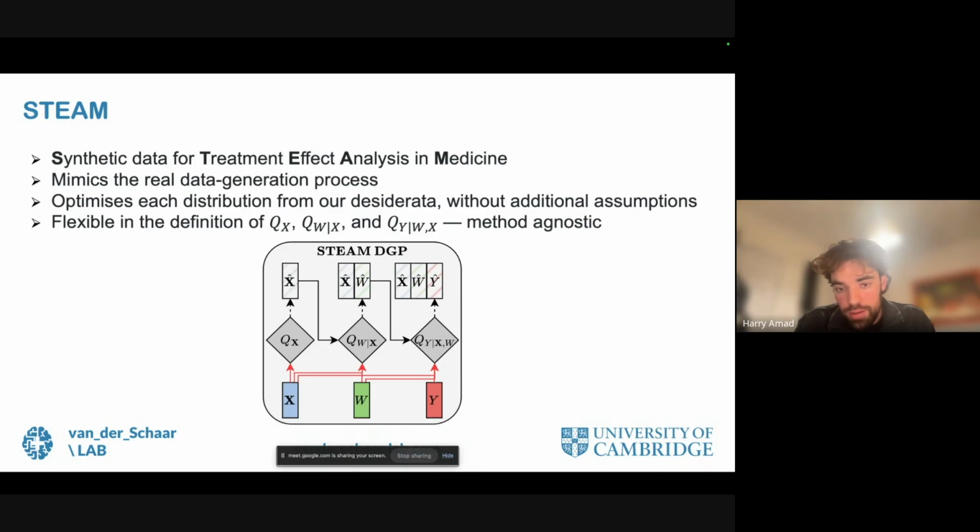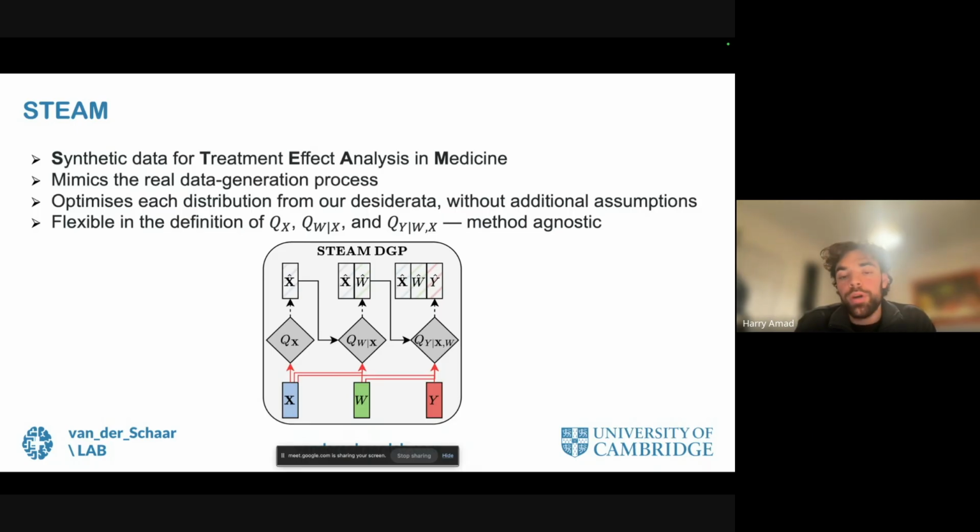The three models that we use, Q of X, Q of W given X, and Q of Y given X and W, are interchangeable. Really, you can set basically any generative model as the first Q of X, and then you can set any classifier to generate the treatments as Q of W given X, and then any regressors as Q of Y given X and W.